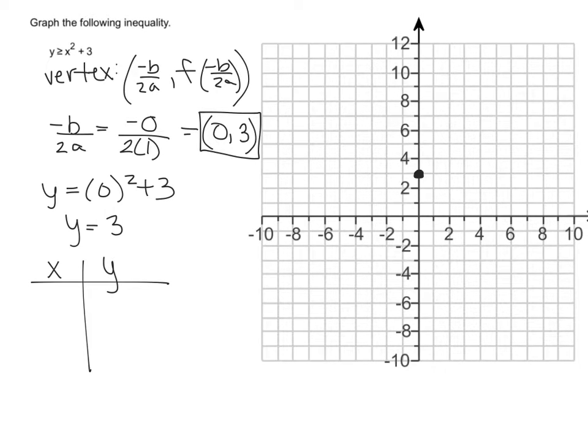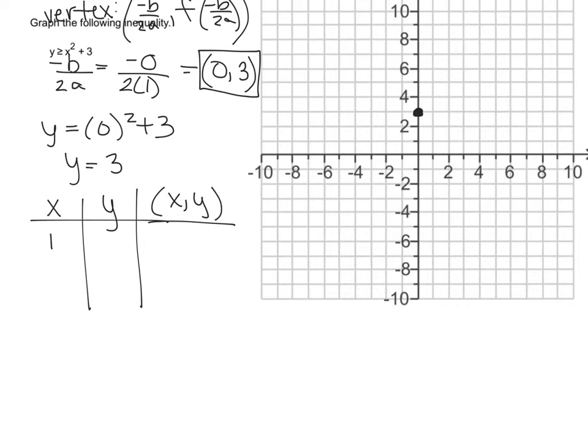And I'm going to find two other ordered pairs. So when I plug in a 1, I get y equals 1 squared plus 3, which is y equals 1 plus 3, which is 4. So my first ordered pair is 1, 4.